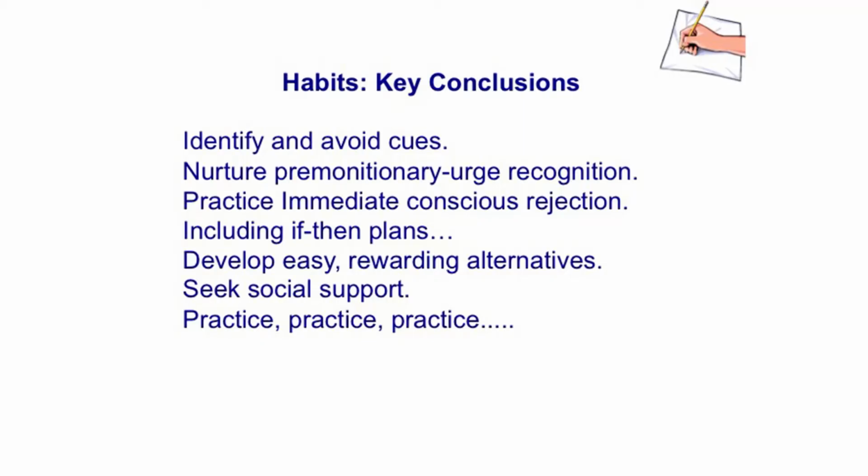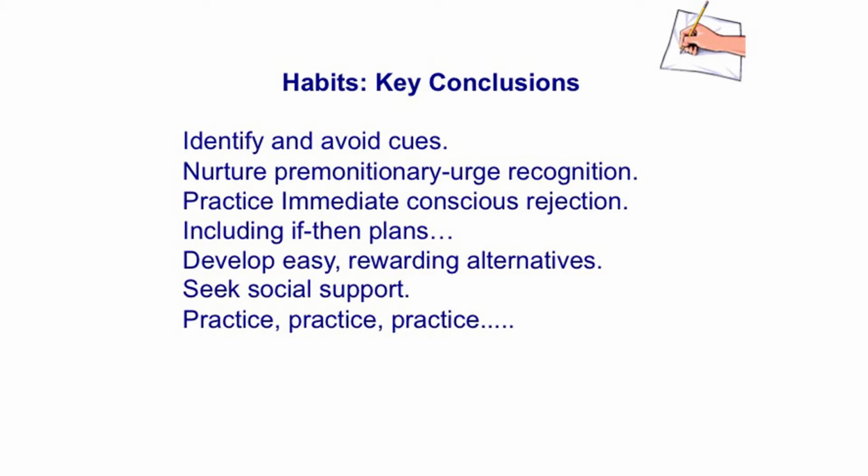So some key elements of breaking and making habits is about knowing how they are cued automatically in the environment. What is the thing in our environment that makes us likely to eat when we think we shouldn't, or drink or smoke when we think we shouldn't? What are those cues in the environment?